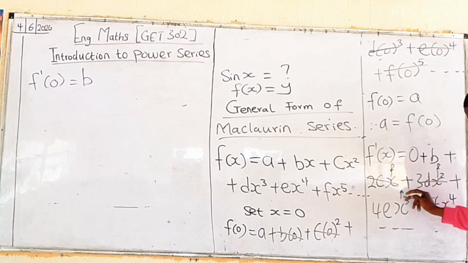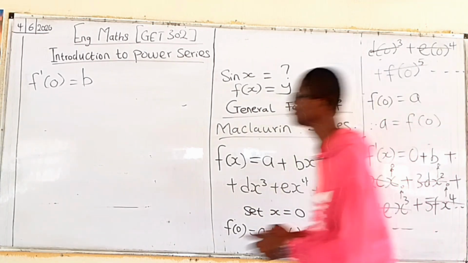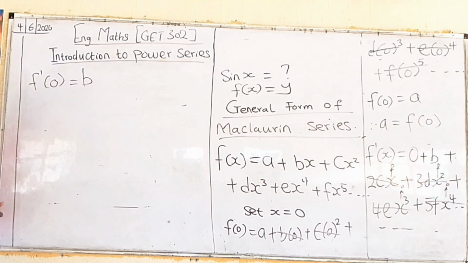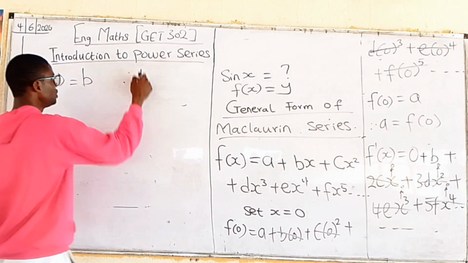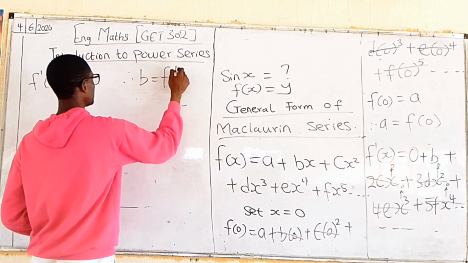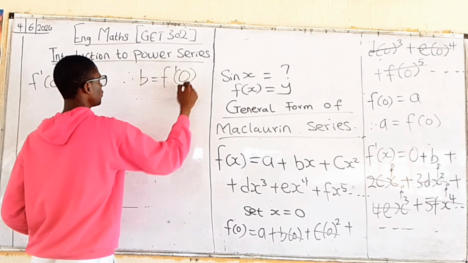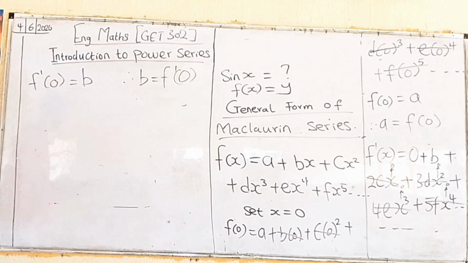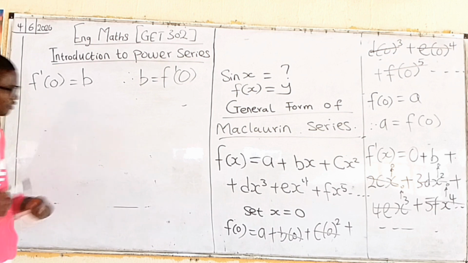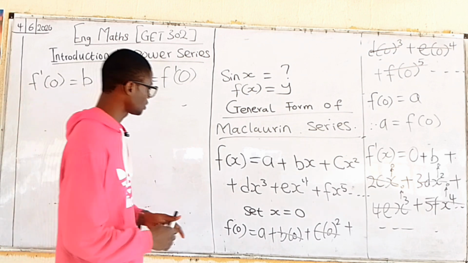The same thing goes here, 0, and the same thing here, 0. So the only thing we have is B, because B does not have x. Thus we say that B is equal to f prime of 0. Do we agree? If at any point you have a question, you can ask.